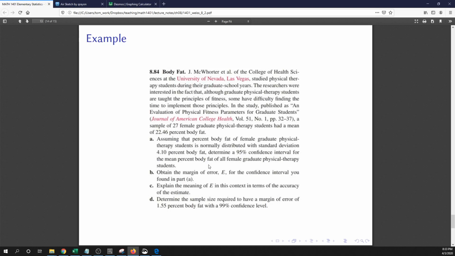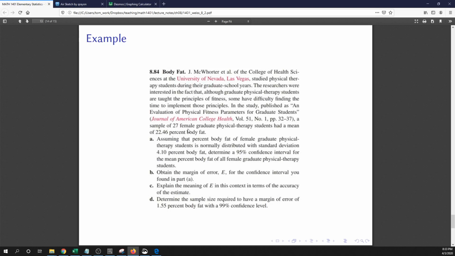Let me write all this down, which I probably should have done before we started, but that's okay. This is problem 8.84. It says a sample of 27 female graduate students, so n equals 27.